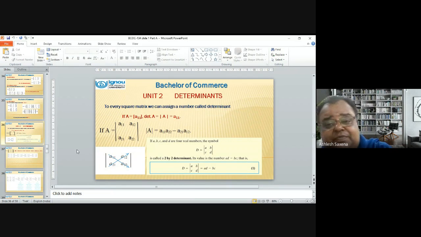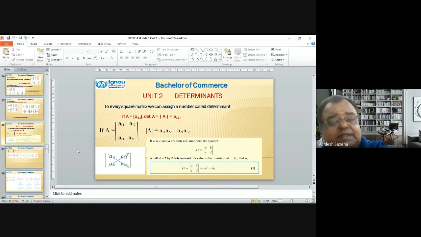Now, as I told you, determinant is the value of the matrix, and value is a number. To every square matrix, we assign a number called determinant. It is basically represented as mod A. Mod A is equal to determinant of A.